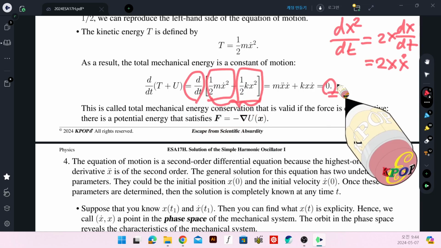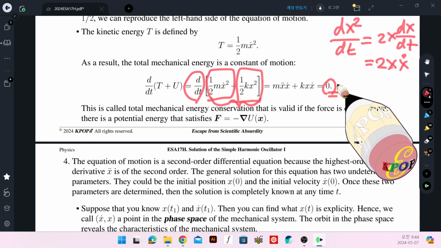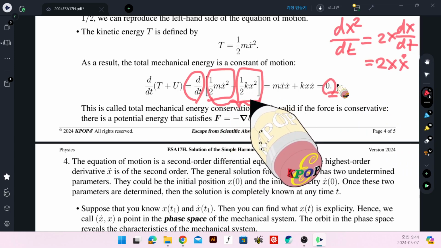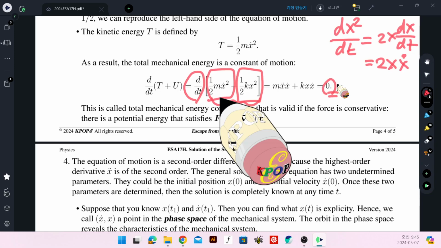Time derivative is 0 means it is independent of time. That means it is a constant of motion. It is called the total mechanical energy conservation. The total mechanical energy is the sum of the potential energy and the kinetic energy.